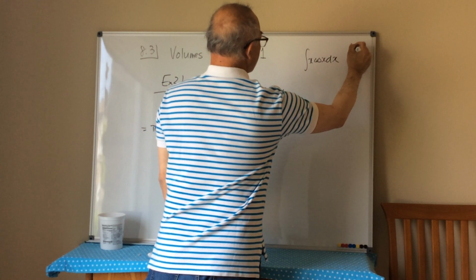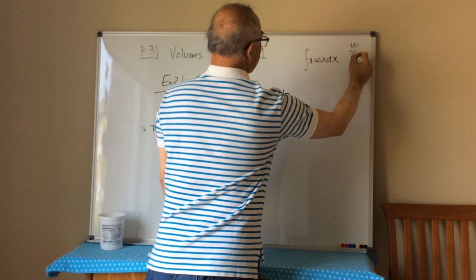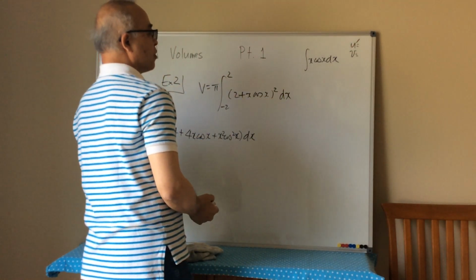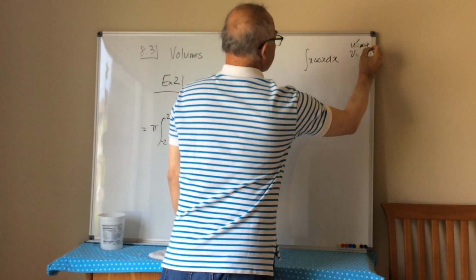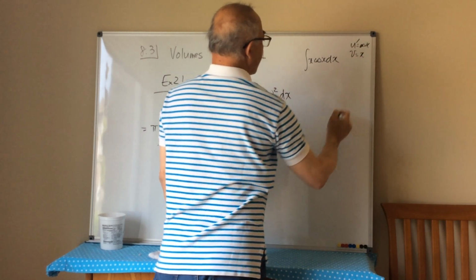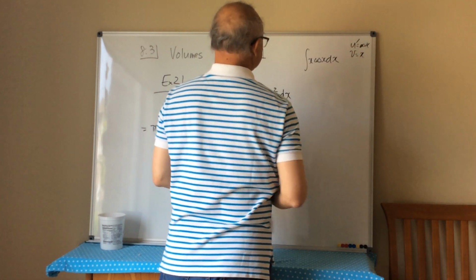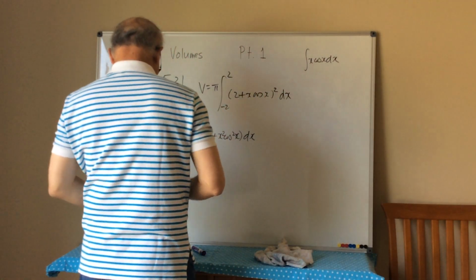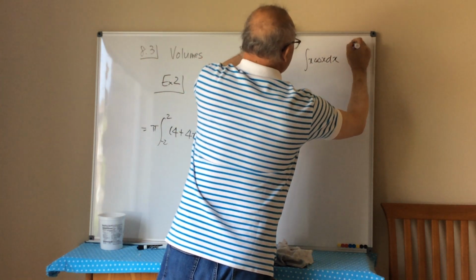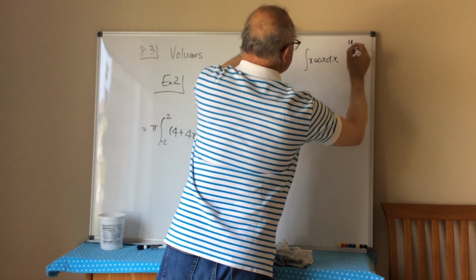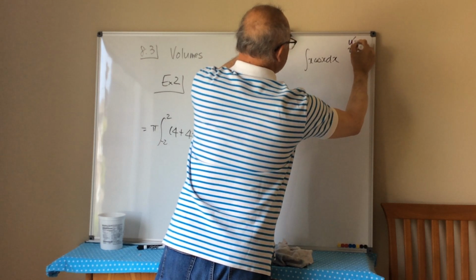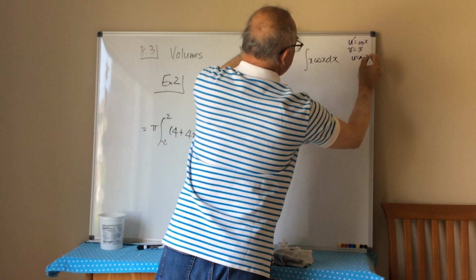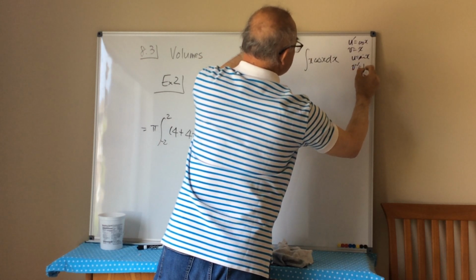We're going to have to say one is u and one is v, right? We want cosine x to be the u prime and v to be the x. Let me do this in a different color. You want v to be x, you want u prime to be cosine x, which means that u is going to be equal to sine x, and v prime is going to be equal to 1.